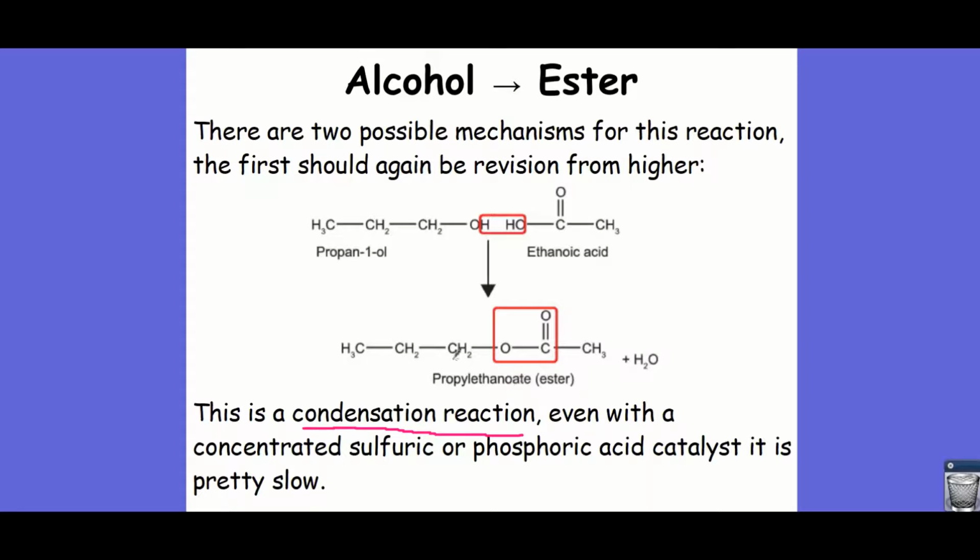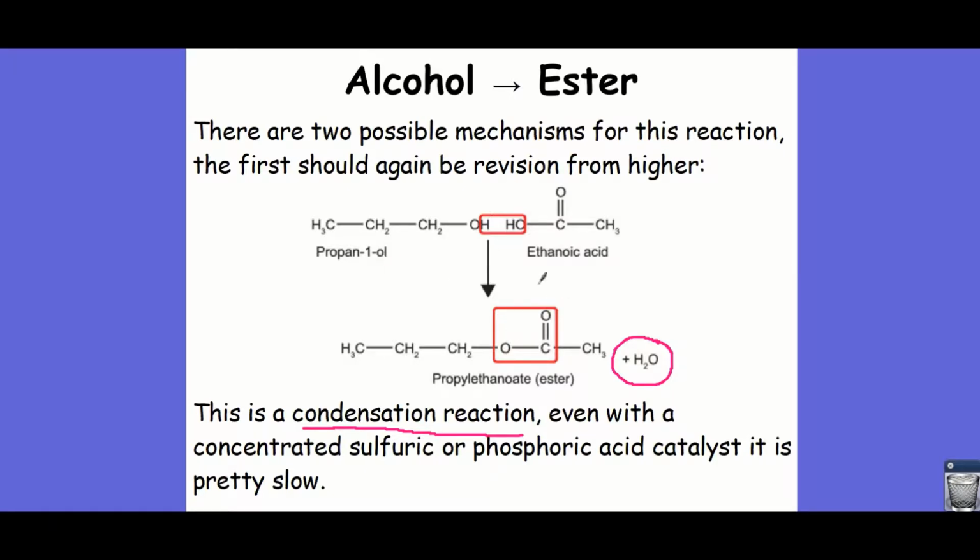You probably had a go at doing this in the classroom at higher if we weren't at home by that point. But if you have propanol and ethanoic acid reacting, we would take the hydrogen from our hydroxyl group in the alcohol and the hydroxyl group from the carboxylic acid. It would eliminate a water molecule. It's a condensation reaction, and then we would form our ester group here.